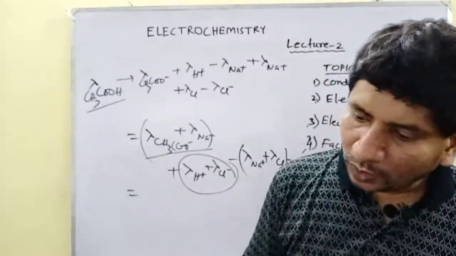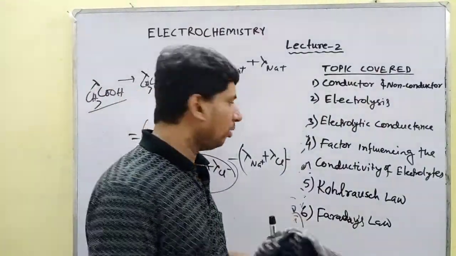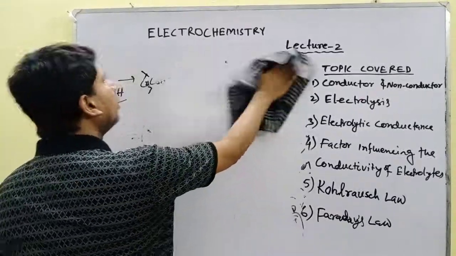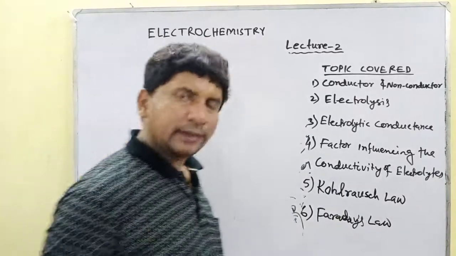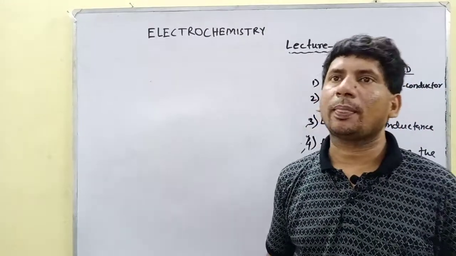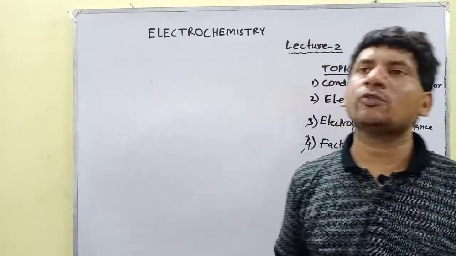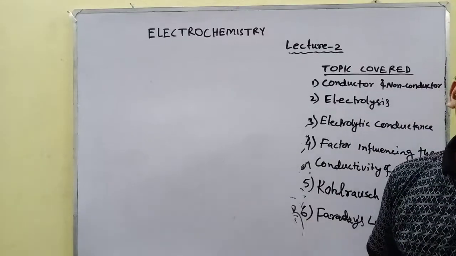Now the last portion is Faraday's law. Faraday stated laws for electricity, or the charge carried. There are two laws: the first law of Faraday and the second law of Faraday.